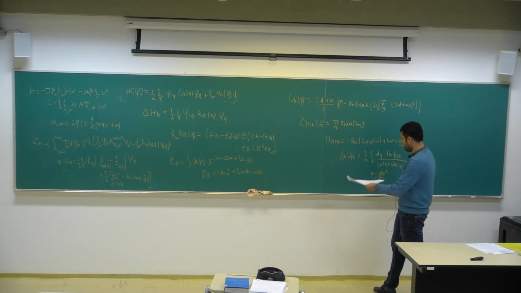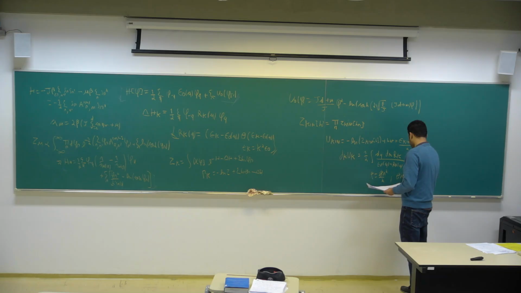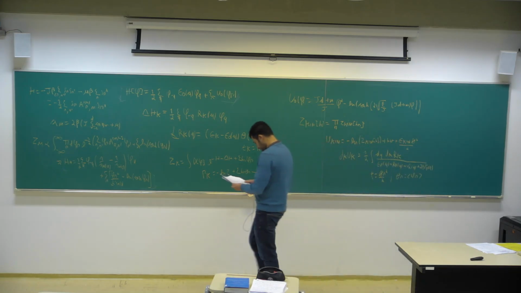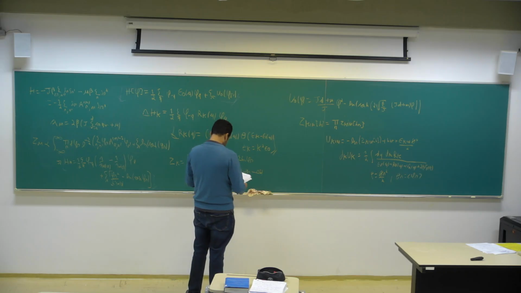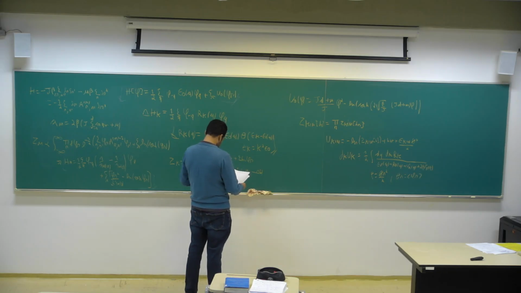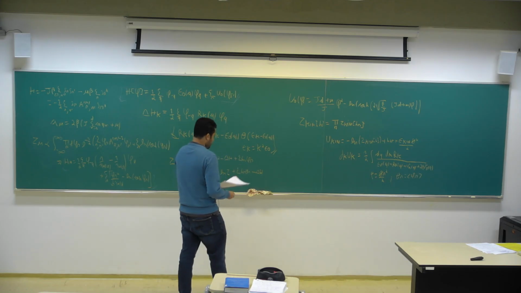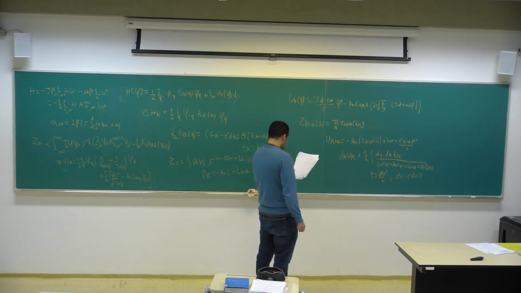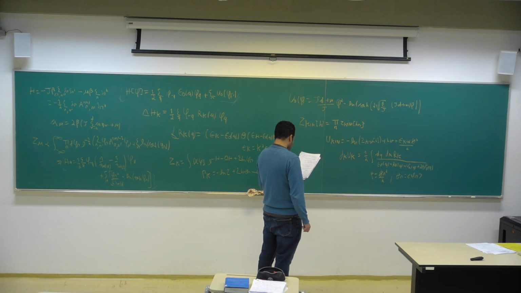Phi_R is just the mean value of the field. Okay. Okay. So with this.